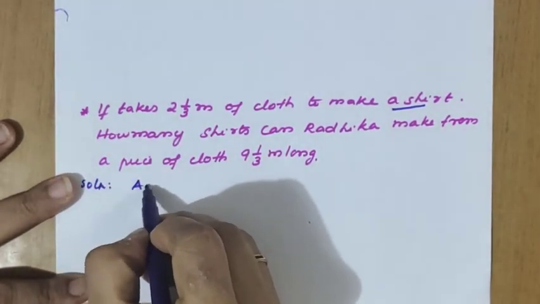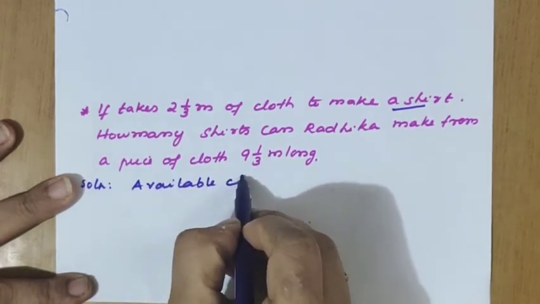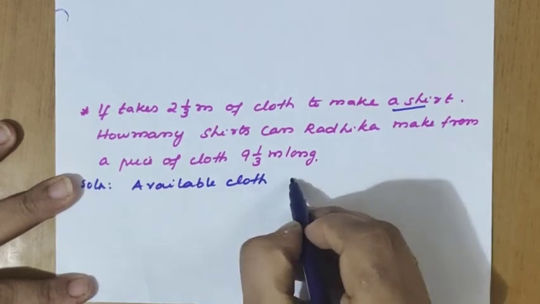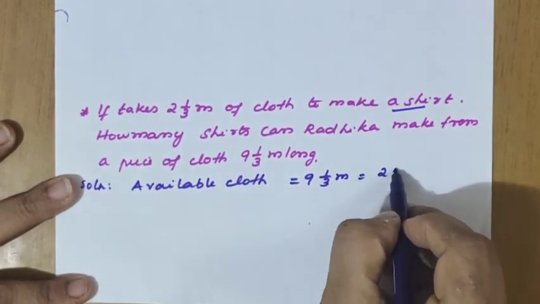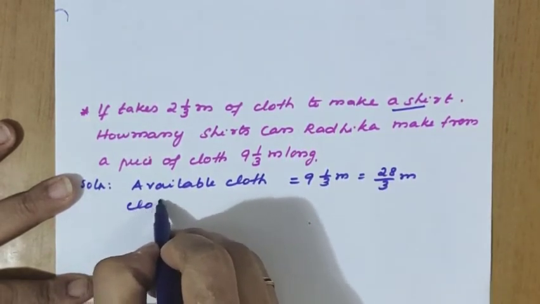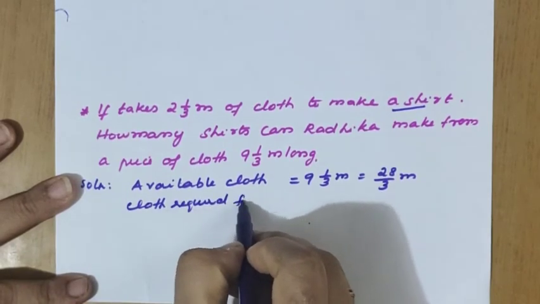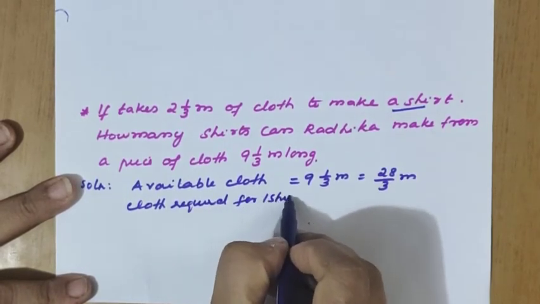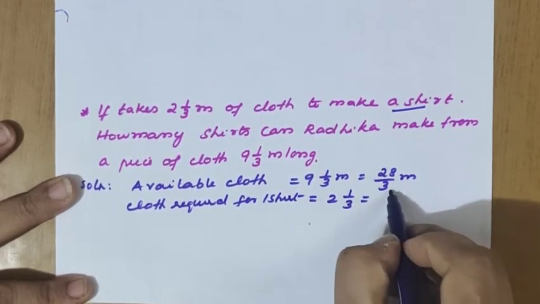So solution, the available cloth is equal to 9 integer 1/3 meter, that is 28/3 meter. Now the cloth required for one shirt is equal to 2 integer 1/3, that means 7/3.